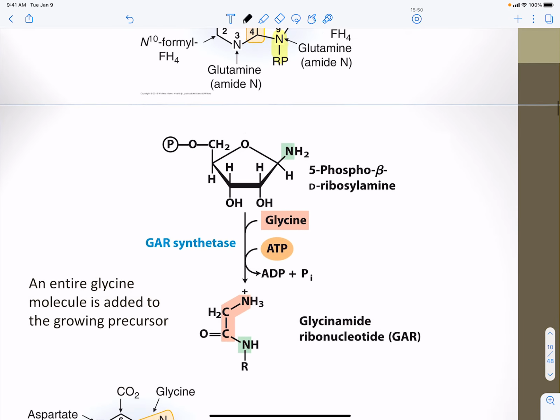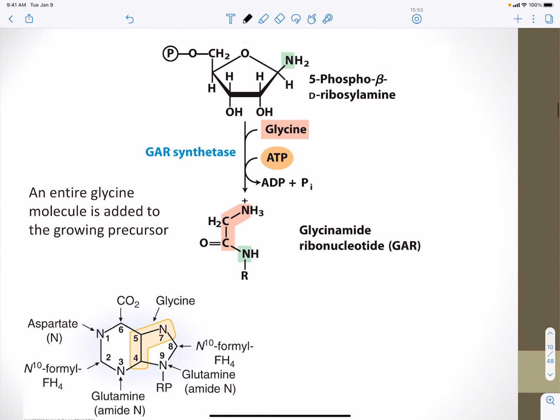Okay, then the next step is you have your 9 here, we're still building, and then you're going to add an entire glycine molecule to this growing purine. The glycine molecule is going to provide your carbons shown here, 4, 5, and then nitrogen 7 of your purine ring.